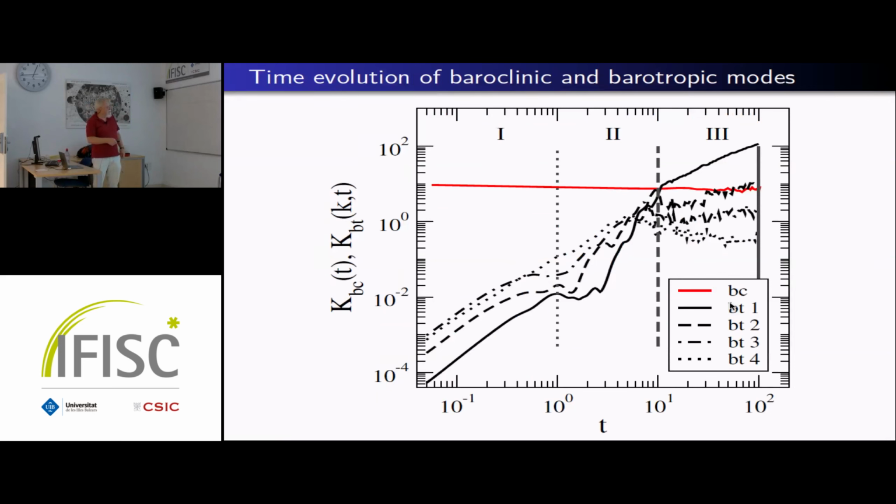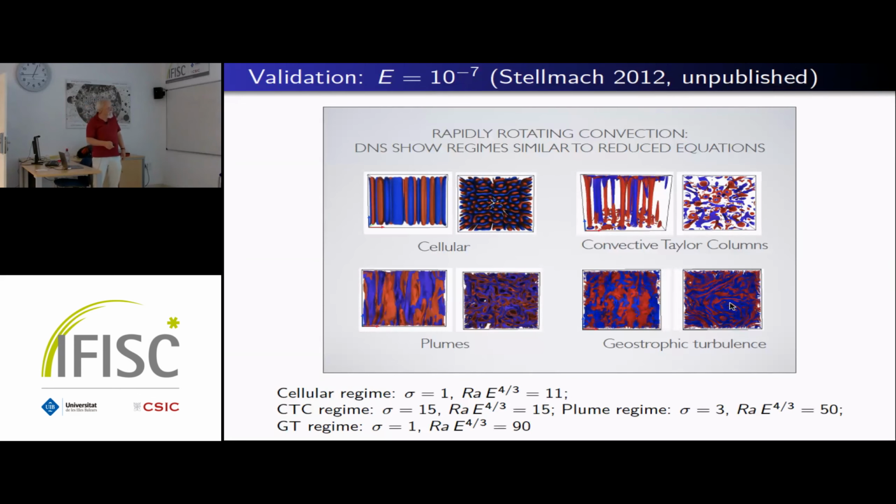Well, if you look at the box scale mode and you look at the barotropic energy in that state, you see that it grows initially exponentially, takes off super exponentially here, and then it continues growing, right? So that is the growth of the condensate. The other modes, higher wave numbers saturate, while the baroclinic modes in red hardly change at all as a function of time.